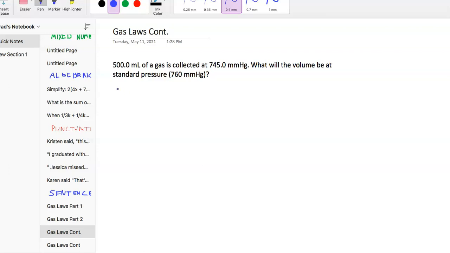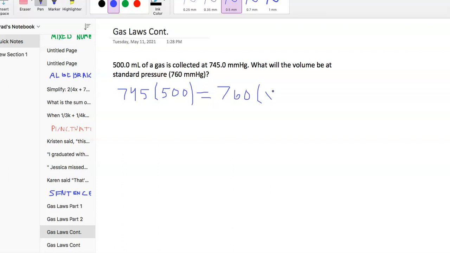So we have 745 times 500 milliliters equals 760, which is given to us as well.